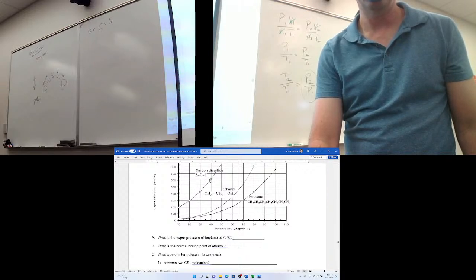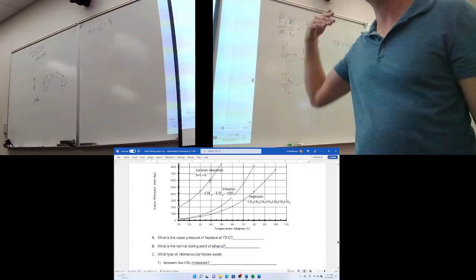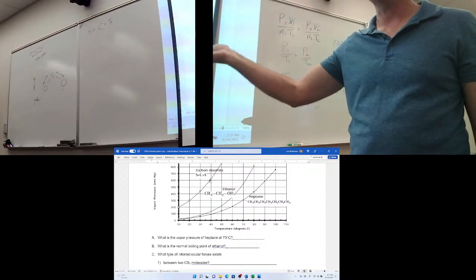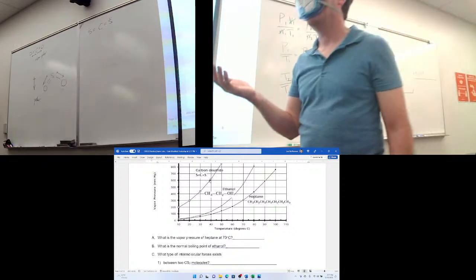If I go over at 38 or 39 degrees or so, that's when the vapor pressure of carbon disulfide reaches the external pressure of 600 millimeters of mercury. So basically, it's already boiling above 38.